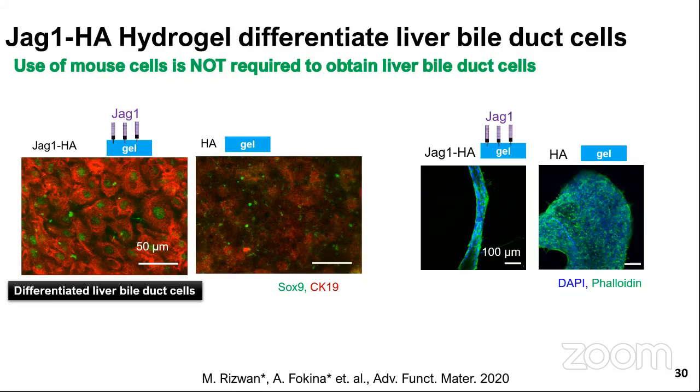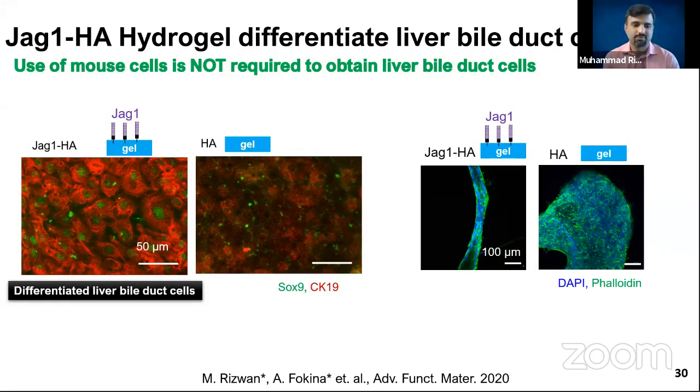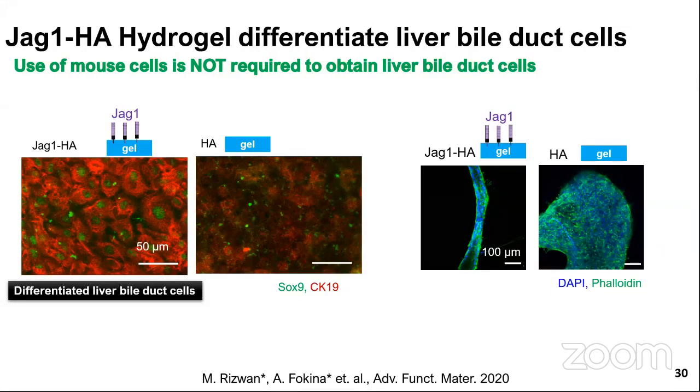To my understanding, for the hydrogel, the surface has been patterned with a certain form and distance of pillars, just to grow the cells.